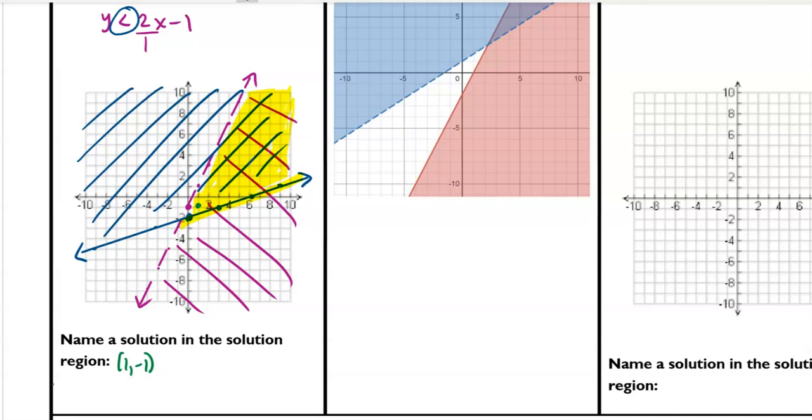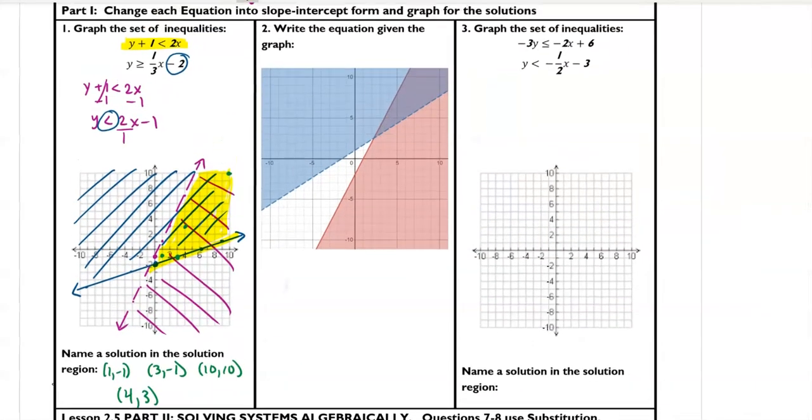So I could say 3, -1. I could say 10, 10. That's a good point. I could also say 4, 3. Anything within that highlighted region that is not along the dashed portion of the line is included as a solution.